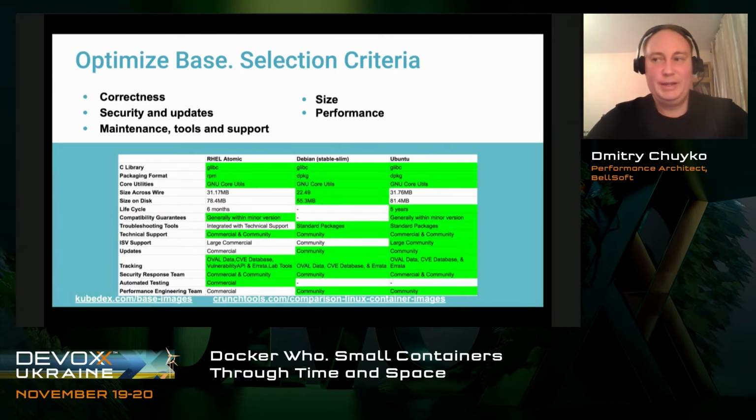So how do we select something? Well, we have to choose the main criteria to do that. It may be not just size. Most likely it will be performance. It may be an option to have commercial support, to get fixes real quickly, to get SLAs.